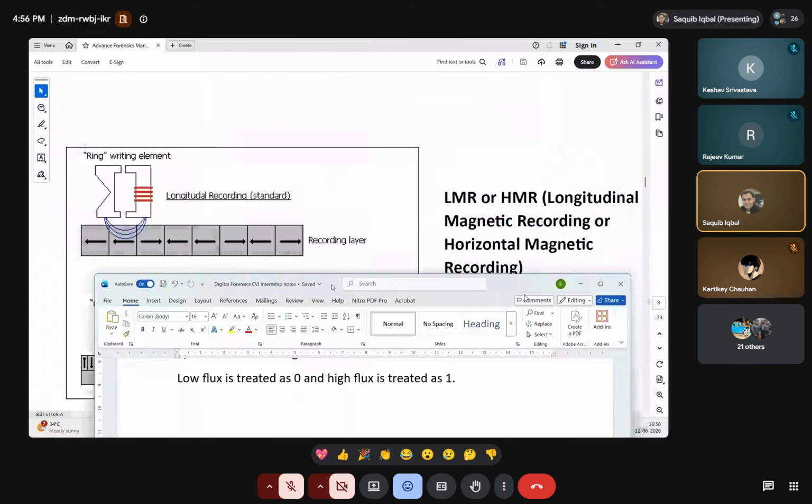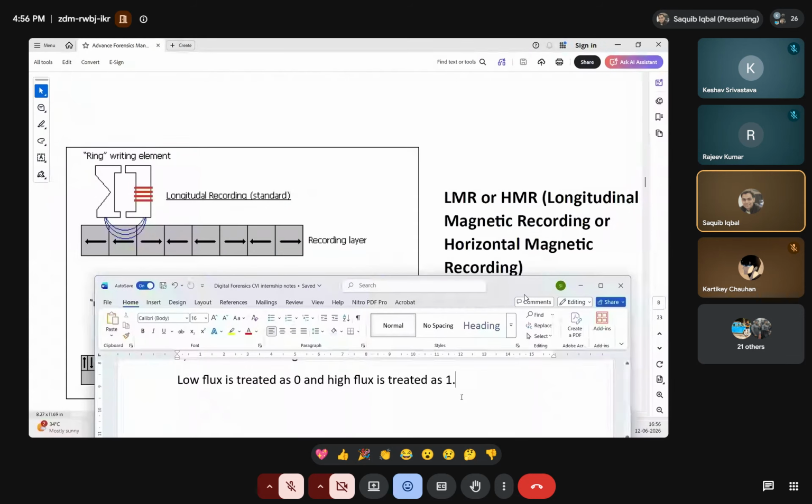Let's say the arrow which is treated as this comes out to be 1 as per the algorithm, and the arrow which is treated as this comes out to be 0 as per the algorithm.